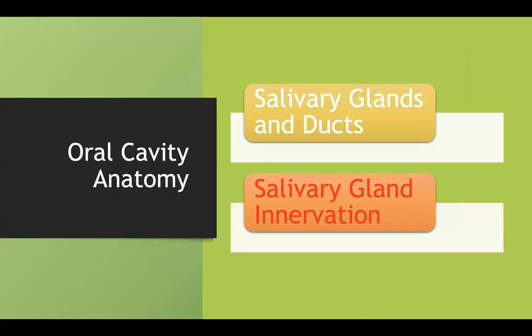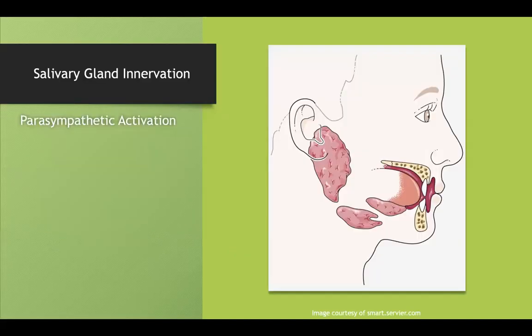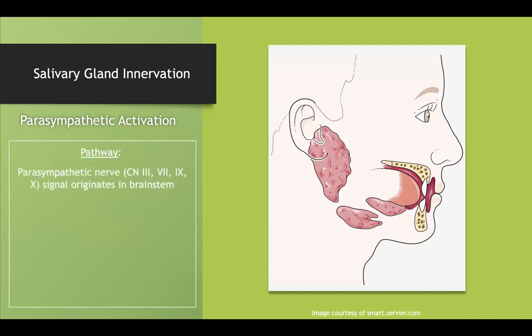I want to briefly talk about how salivary glands are innervated because it'll be a nice review of how parasympathetic nerves work in general, because it's the exact same mechanism no matter what parasympathetic organ you're dealing with. For a regular parasympathetic organ, you have one of the 4 cranial nerves, either cranial nerve 3, 7, 9, or 10. They start in the brainstem and send a signal. That signal first travels down a very long preganglionic fiber.